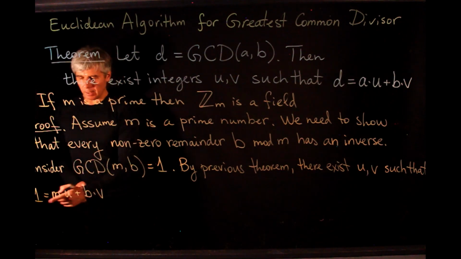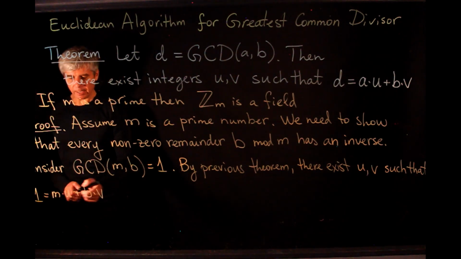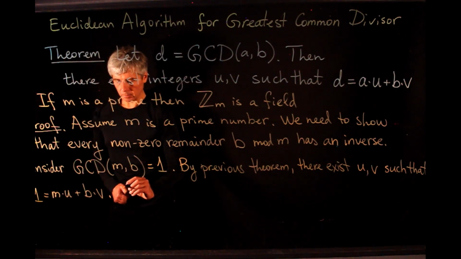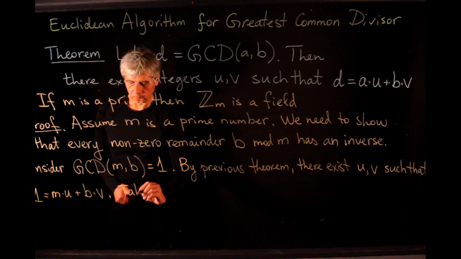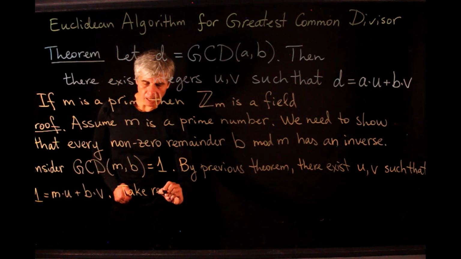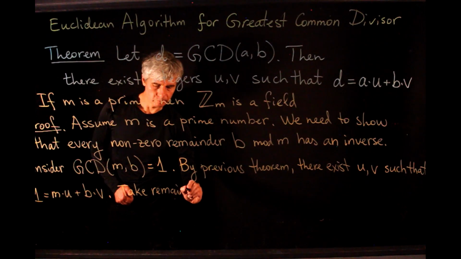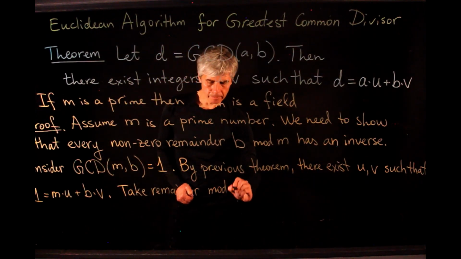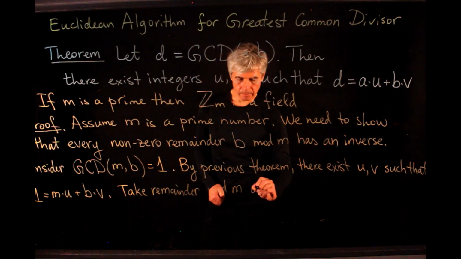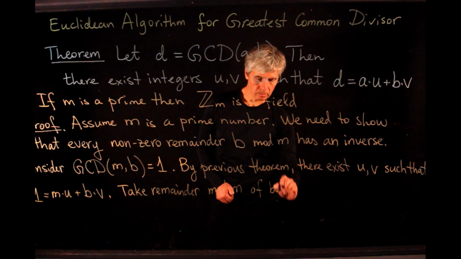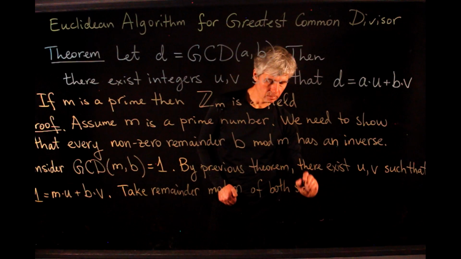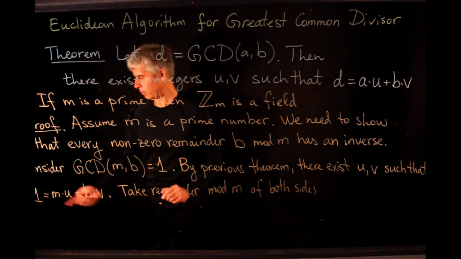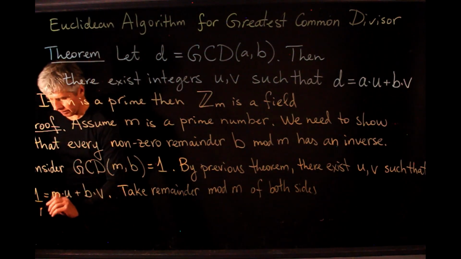Now let's take this equality and let's take the remainder mod m of both sides. Well, the remainder of 1 is still 1.